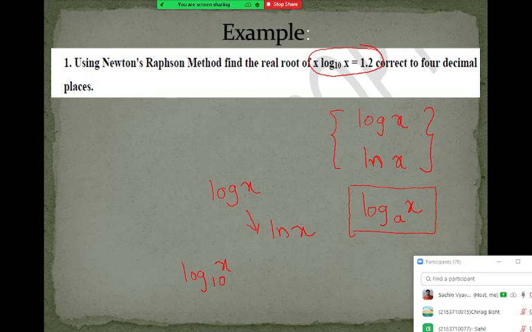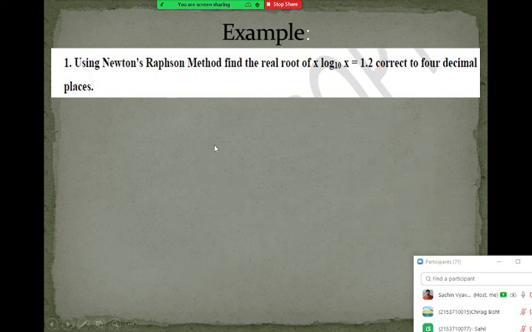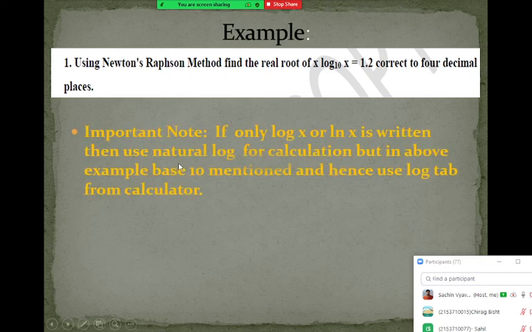So this is the important thing that you should remember. Whenever log x or ln x appears in the question, you have to use natural log for calculation purposes. So for that you have to press the ln tab. There is an ln tab on the calculator that you have to press.